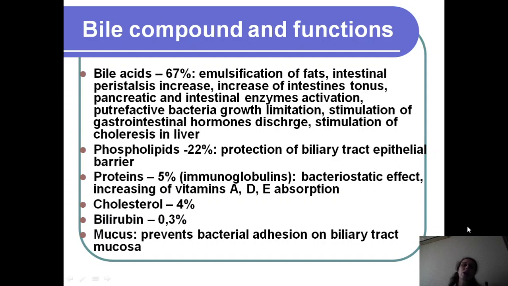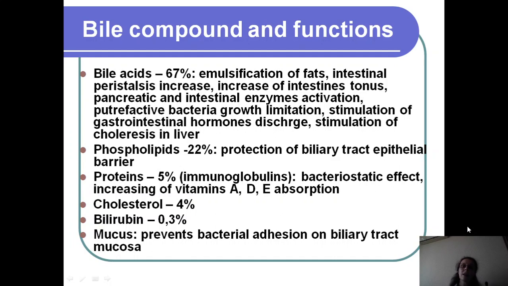They also are needed for emulsification of fats, a very important function. And if there is cholestasis, which is accompanied by decreasing of bile acids because of decreased or delayed outflow of the bile due to some circumstances, there are numerous reasons for this condition, absolutely numerous.